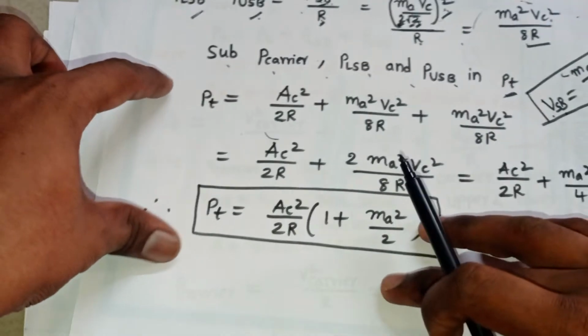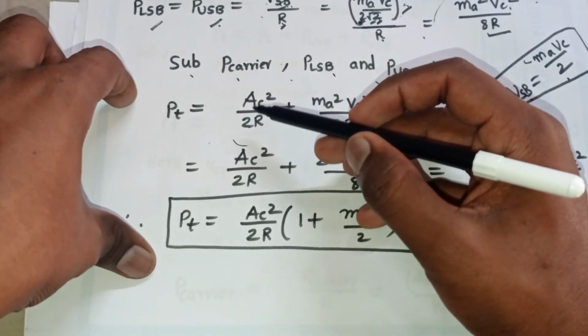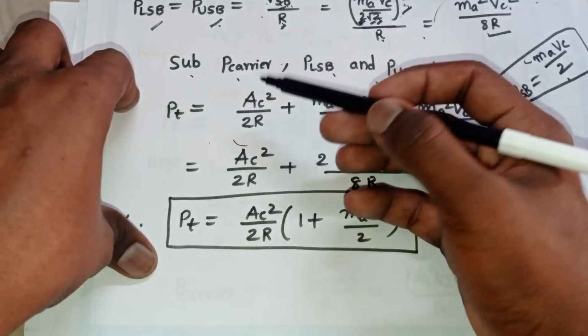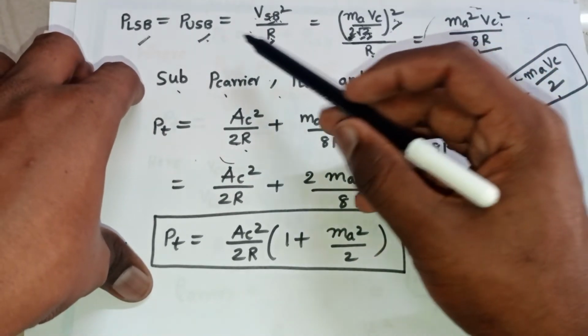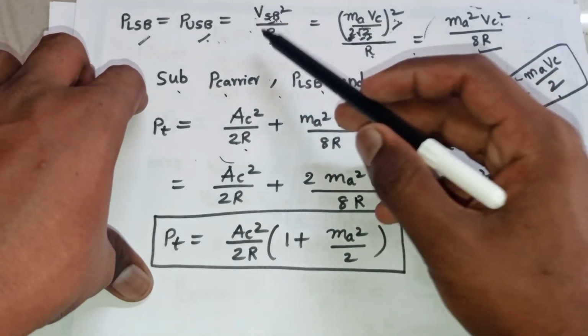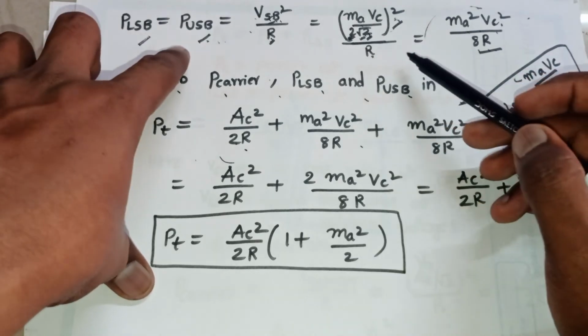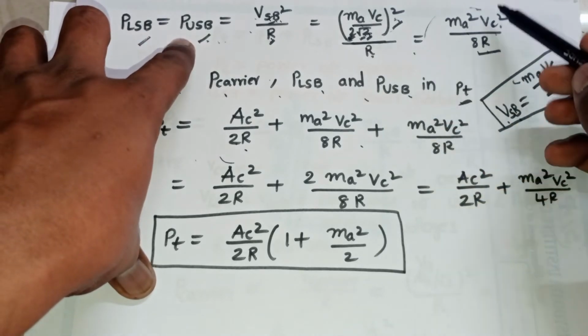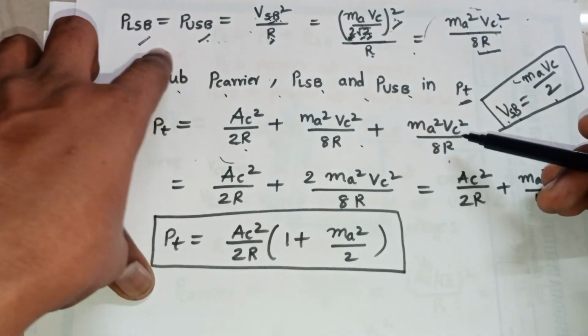Let's substitute here. Vc squared is nothing but Ac squared, we can call the voltage as Vc or Ac, whatever it may be. So Ac squared by 2R plus the power of the lower sideband, that is MA squared Vc squared by 8R, plus the power of the upper sideband, which is the same, MA squared Vc squared by 8R.